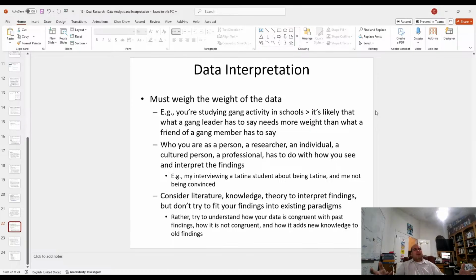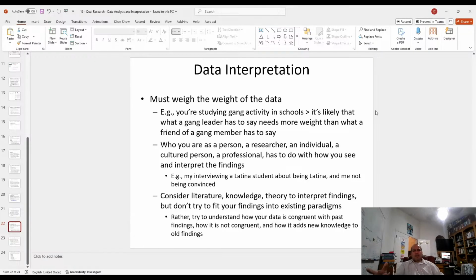And so the key thing is to try to leave your biases at the door as much as possible. We know that it's almost impossible to do that, but it is our responsibility as researchers to make a very strong attempt to enter research and data analysis in a non-biased way, if that makes any sense. Consider the literature, knowledge, and theories to interpret the findings, but don't try to fit your findings into paradigms, right?